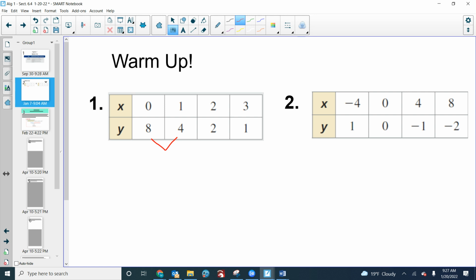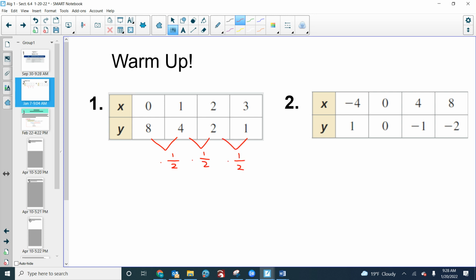So next I ask, is it going down by a factor? And a factor means multiply. So am I multiplying by the same number each time? Multiply by what to go from 8 to 4? I know you're going to say divide by 2, but it's a factor. A factor means multiply. Times 1/2.